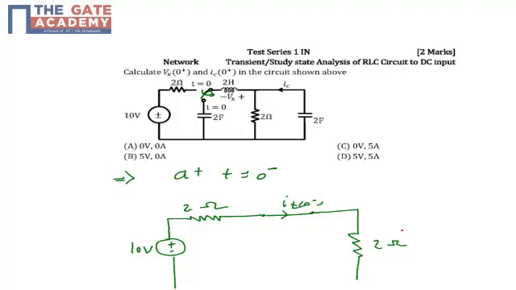The 2 ohm resistor is in parallel with a capacitor, which will be open circuited.